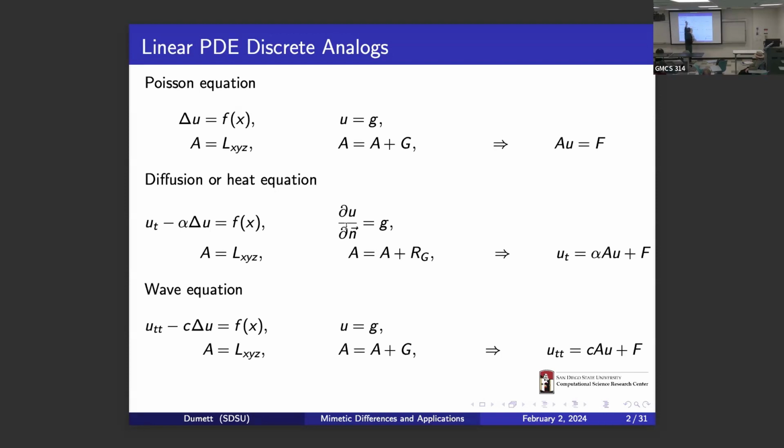F is the discretization of F in a certain grid, U is the numerical solution, and A is a representative of the Laplacian. So if I have this partial differential equation, I first get a representation of the Laplacian, then I add somehow the boundary condition, and I construct the system and solve the system, and we have the solution.